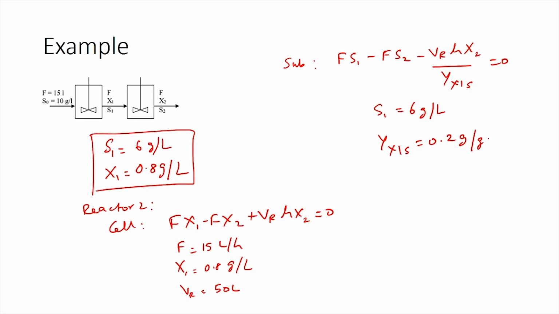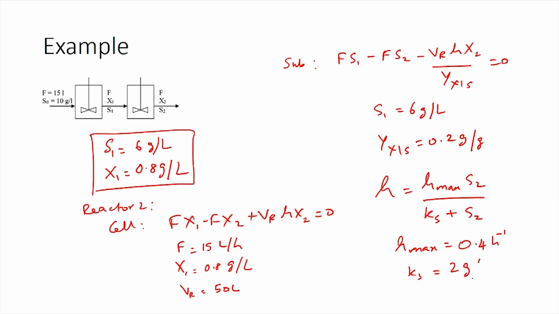We can also calculate mu from Monod's equation, which would be mu max S2 divided by Ks plus S2, where mu max is given as 0.4 hour inverse and Ks is given as 2 grams per liter. So, now that we have all the parameters, we just have non-linear equations that need to be solved simultaneously.